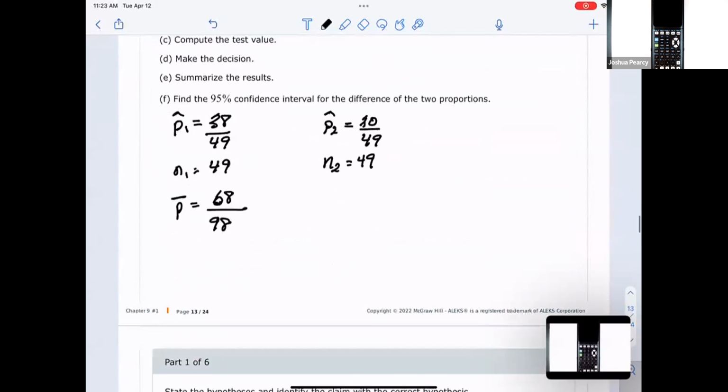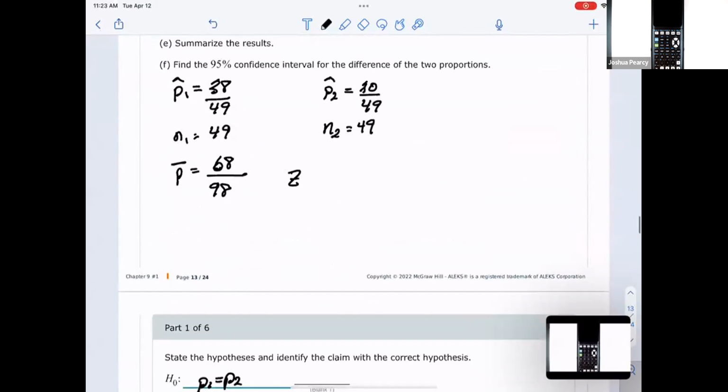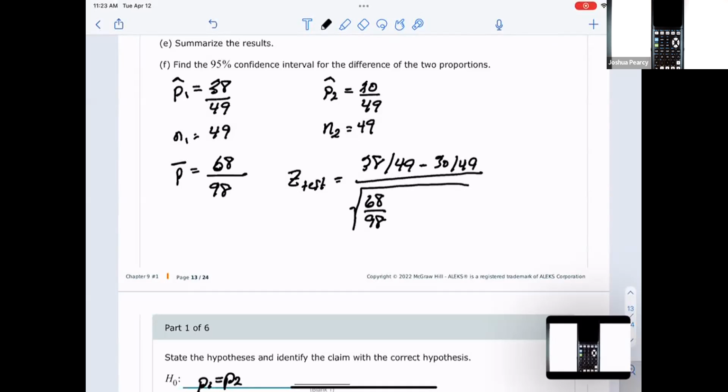Let's do it up here since we have more room. And Z test would be equal to 38 over 49 minus 30 over 49, divided by the square root of 68 over 98 times 1 minus 68 over 98, times 2 over 49.